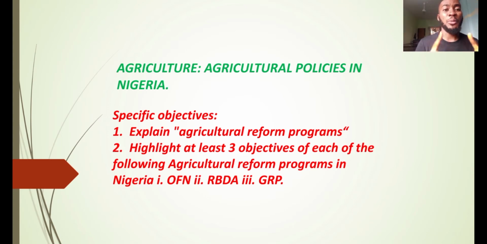But before that, a quick recap of our previous lesson. Last week, I taught us the meaning of marketing board, history of marketing board, functions, as well as problems of marketing board.